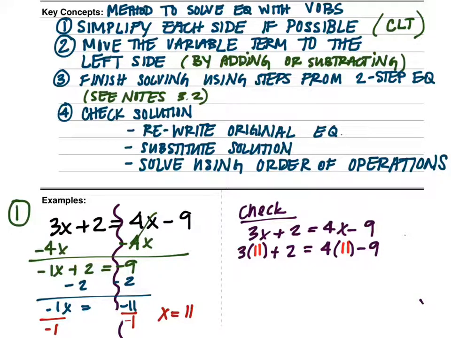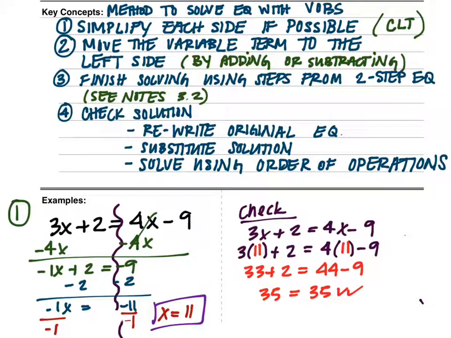So here I'm using order of operations, and I'm going to have to multiply before I add. So this 3 times 11 is 33 plus 2, and 4 times 11 is 44 minus 9. From here I'm going to find that I get 35 equals 35, and in fact I have checked my answer. So x is in fact equal to 11. I'm going to go ahead and box that in.